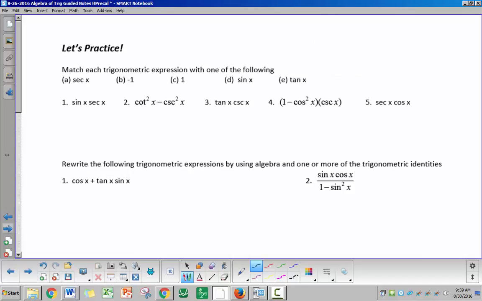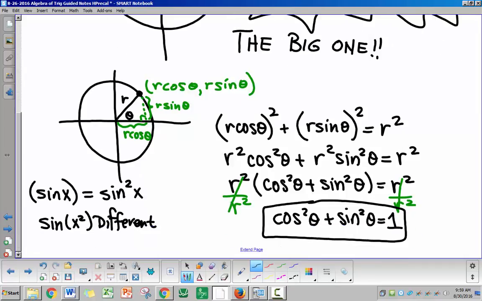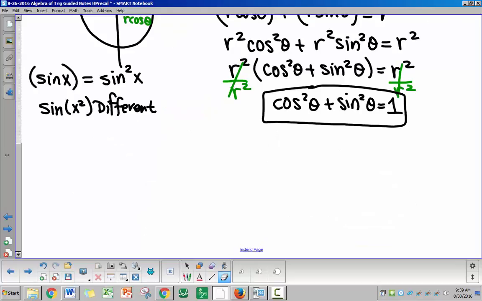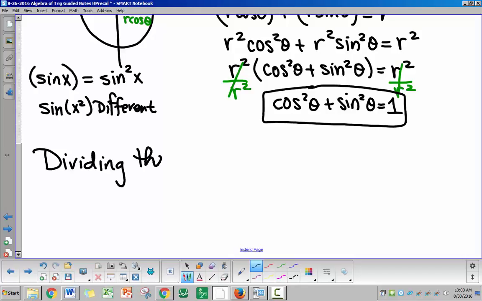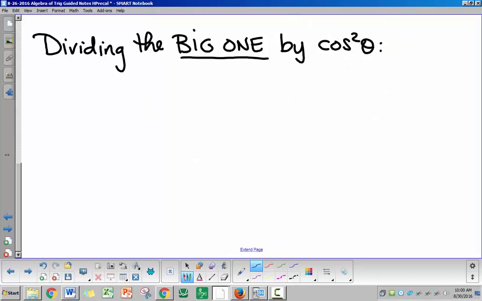So what are we going to do? We're going to go back to our big one, and let's say we go wild and crazy and divide it by cosine squared theta.